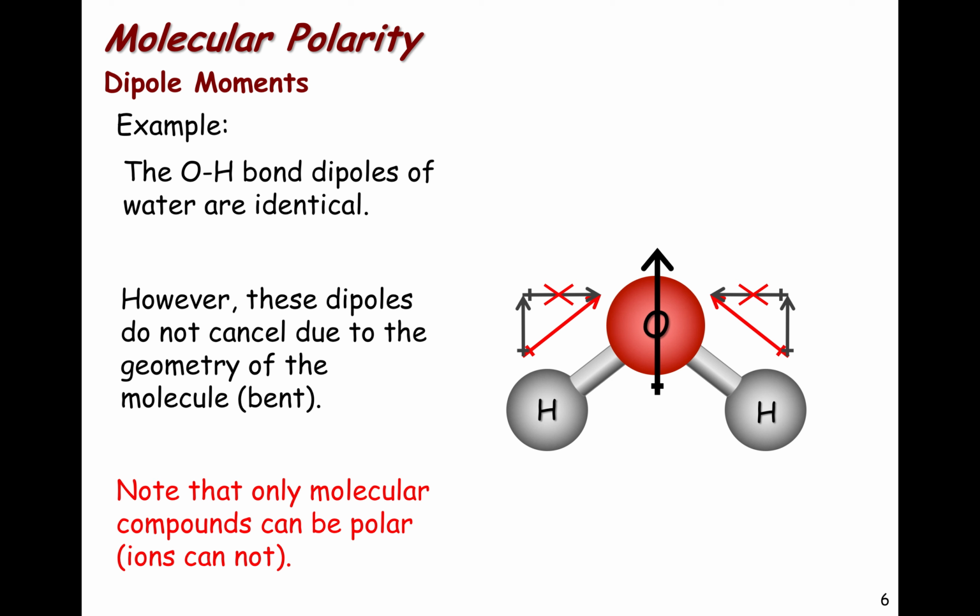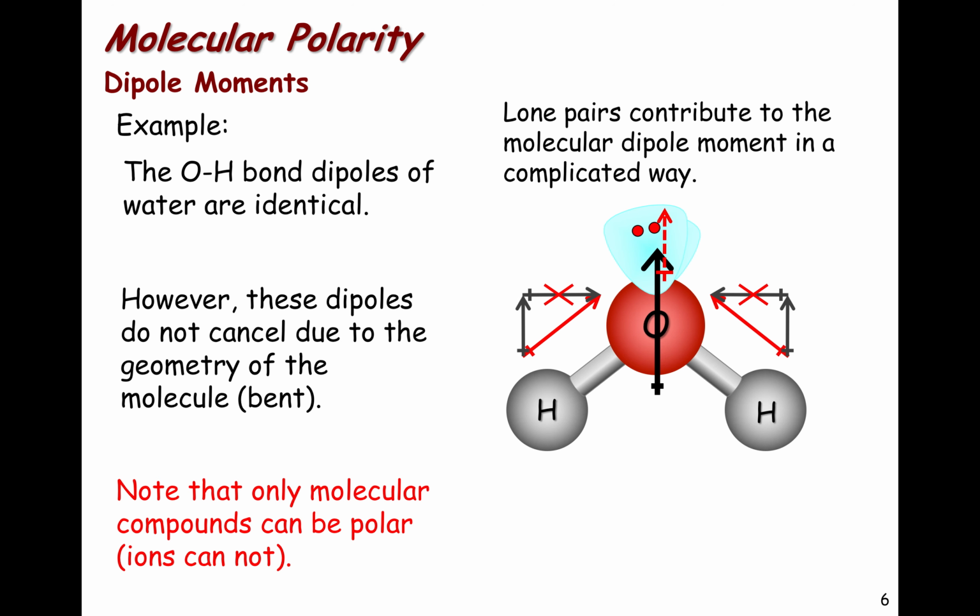The lone pairs themselves are a complicating factor, and they contribute to the dipole moment as well, but the discussion of their contributions is well beyond the scope of our course.